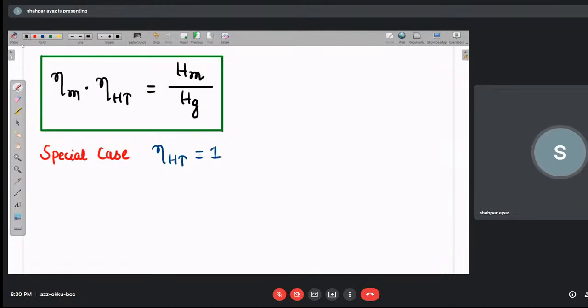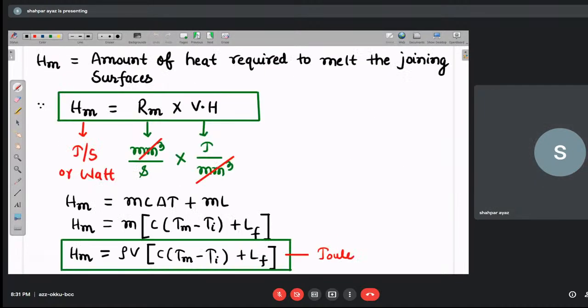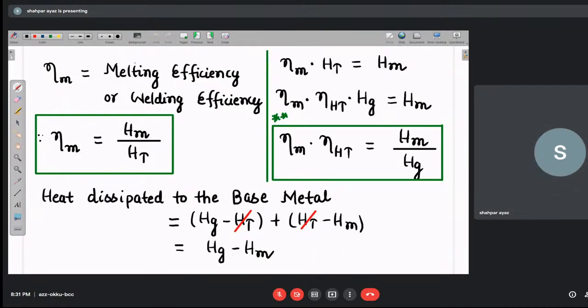In that case, you can directly calculate Hm by Hg. This is called your welding efficiency. Whenever heat transfer efficiency is not given, the welding efficiency is Hm by Hg. Just these two ratios. Please have a look and note down each and every point.